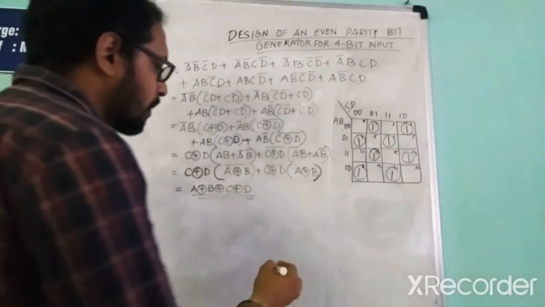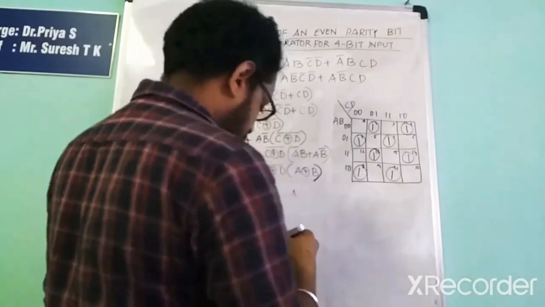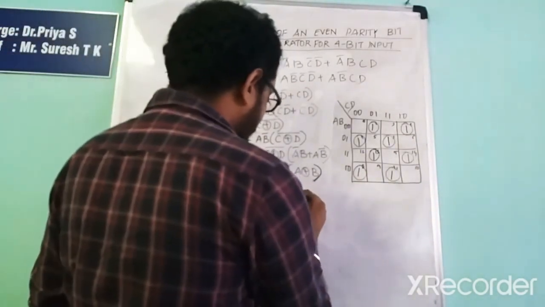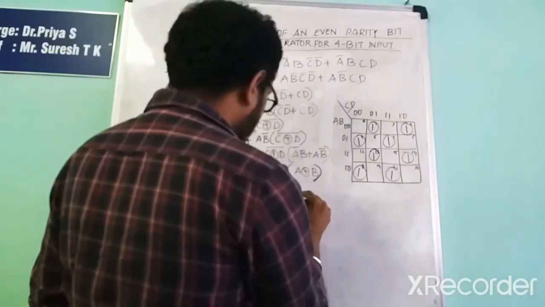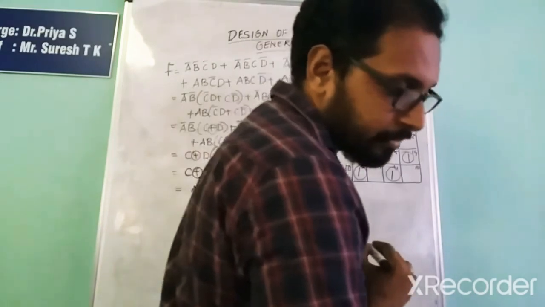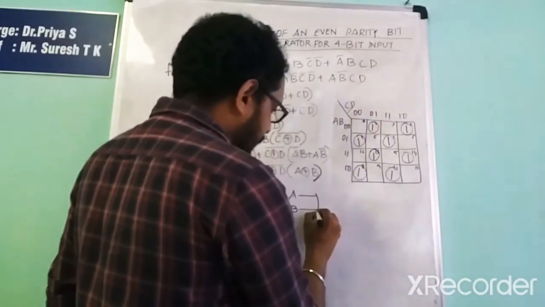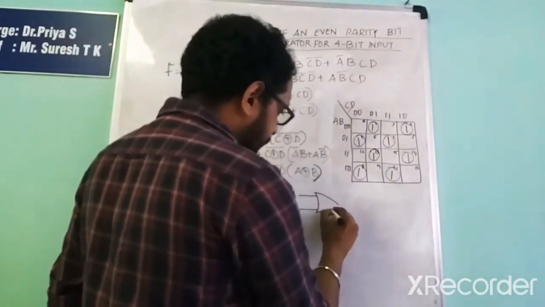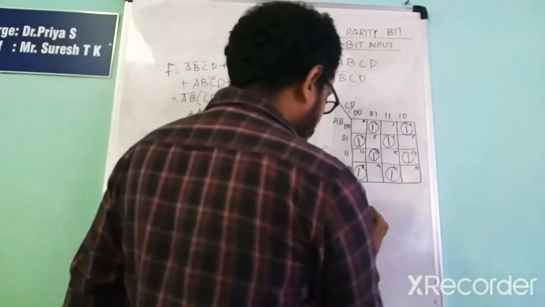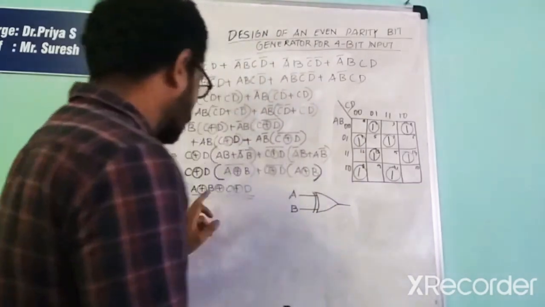And what about the diagram? A and B, yes, an XOR operation. A XOR B is over.